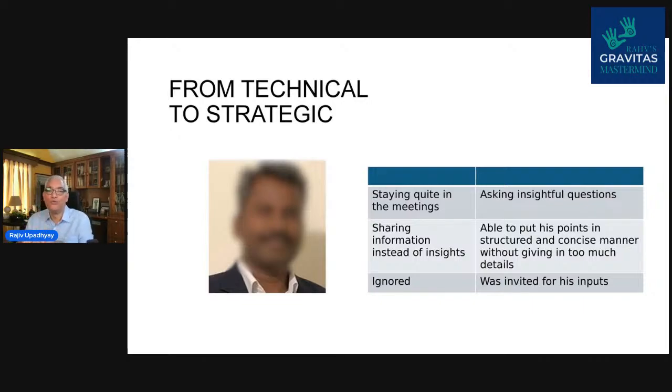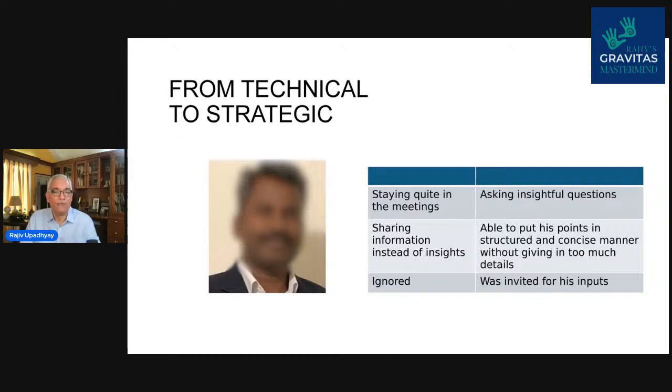He used to stay very quiet in the meetings, and he was given the feedback that his presentations and updates are very detailed, with too much information in them. So he's sharing a lot of information instead of insights, and he used to get ignored, and he did not have much weight during the strategic meetings.